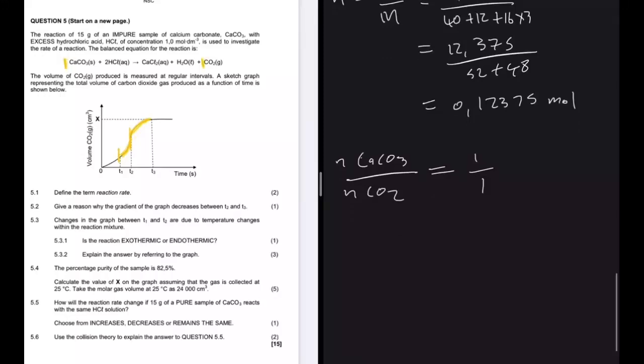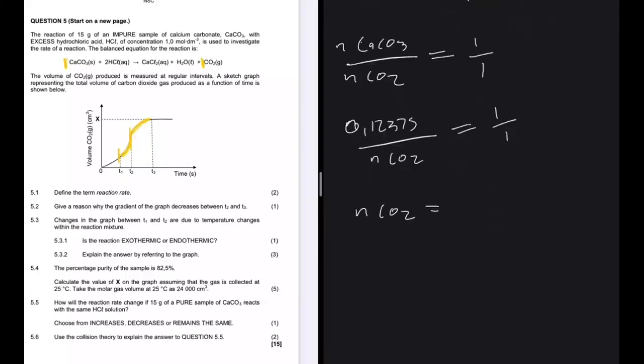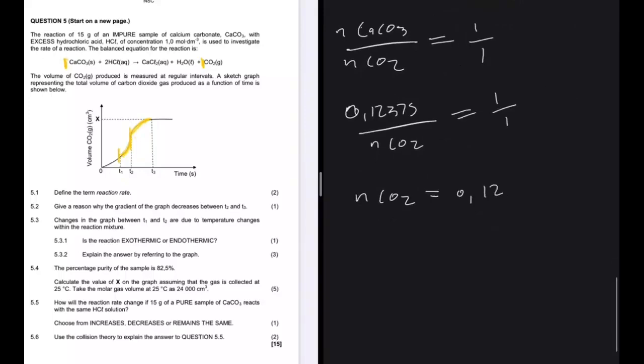So 0.12375 divided by the number of moles of CO2 equals 1 divided by 1, right? So the number of moles of CO2 equals 0.12375 moles.